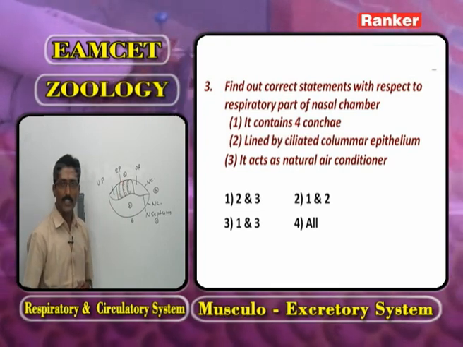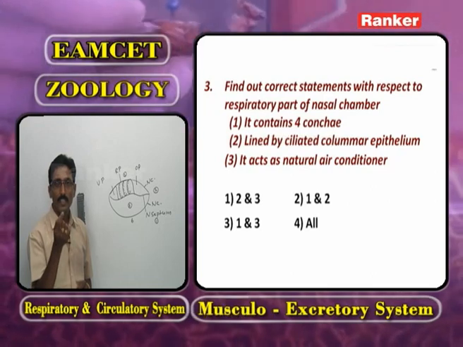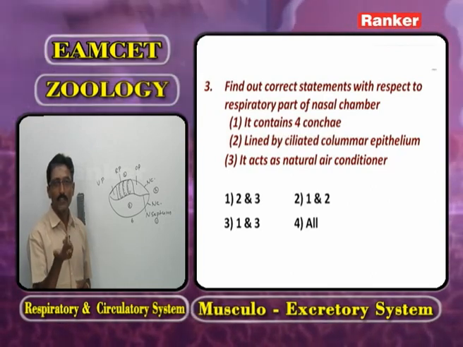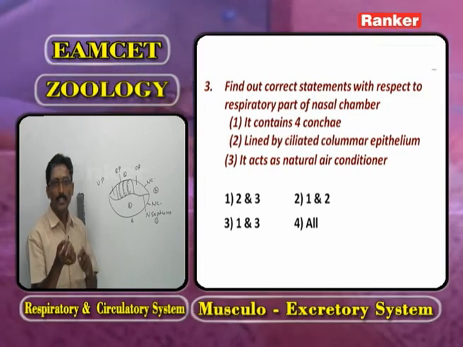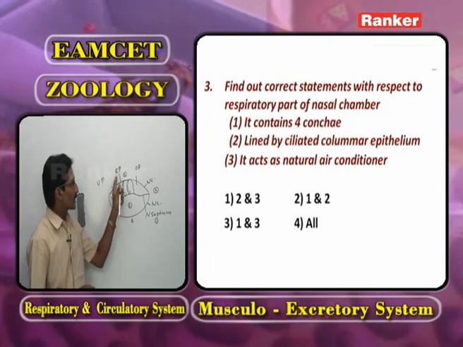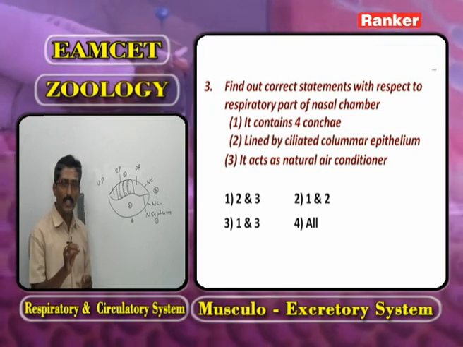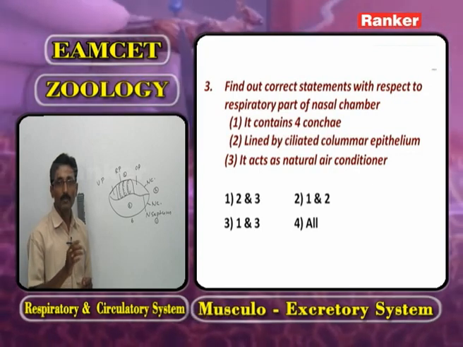Now as we observe the respiratory part, during summer season, the hot air is converted into cold air. In the winter season, cold air is converted into hot air. That means depending upon the environment, the working of respiratory part changes. So it is a natural air conditioner or acclimatizer.